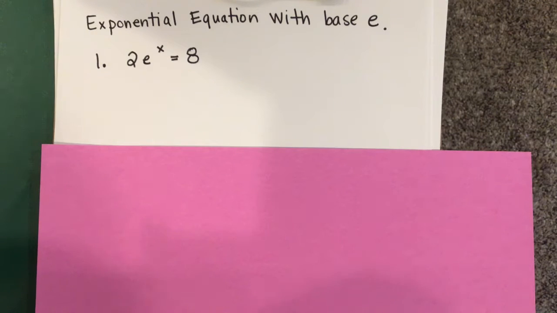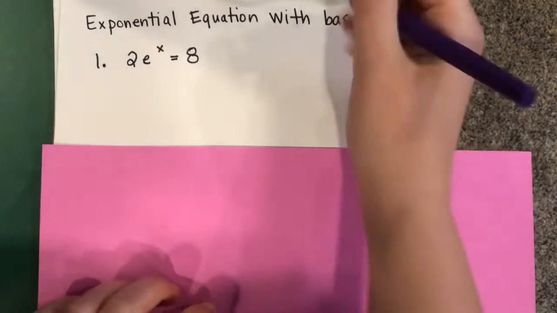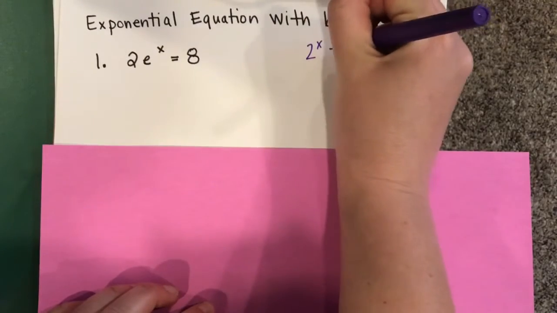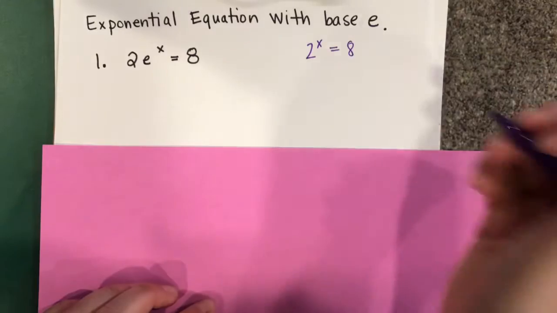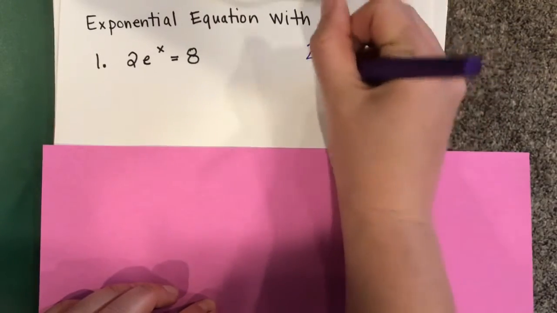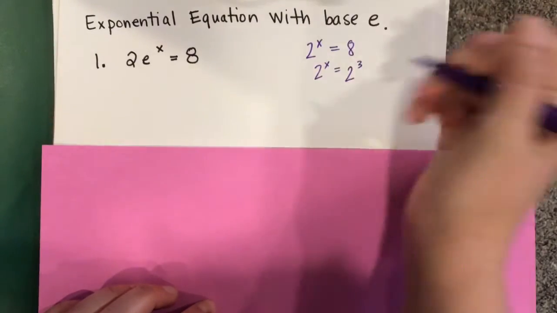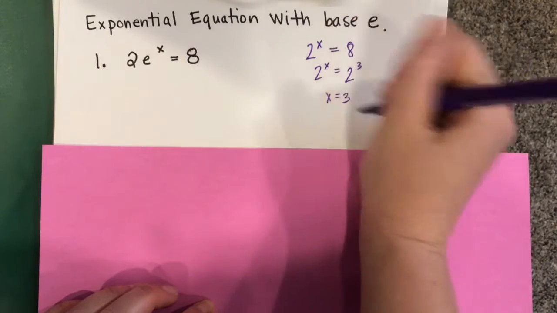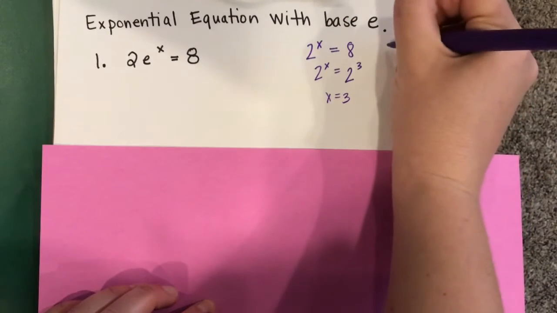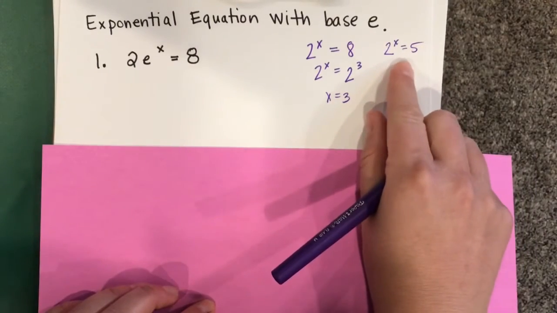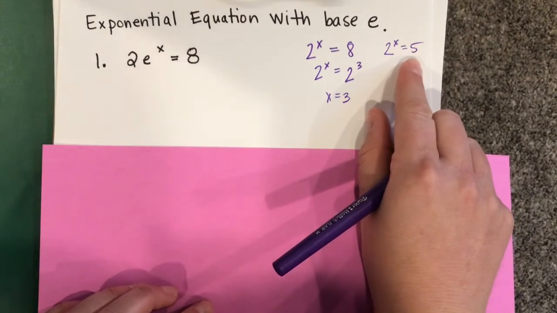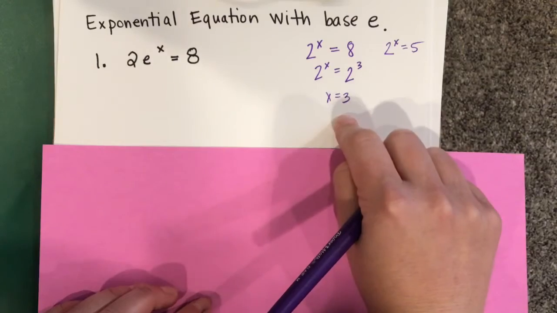Now, you guys have solved exponential equations before. You had problems before that looked like 2 to the x equals 8, and you knew that you could rewrite 8 as a base of 2, so you'd have 2 to the 3rd equals 2 to the x, and then you could say, hey, x equals 3. Or if you had situations like this, in which you knew 5 is not a power of 2, so that method is not going to work.